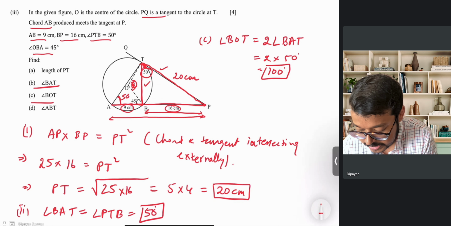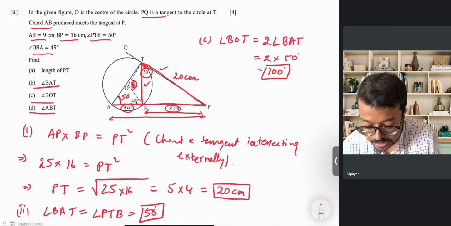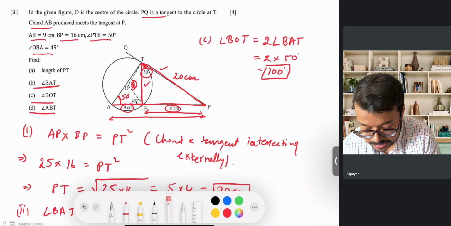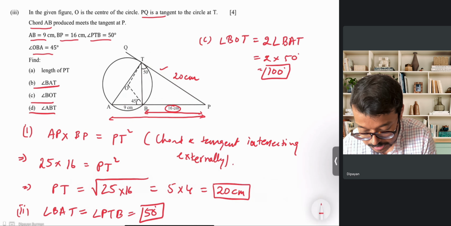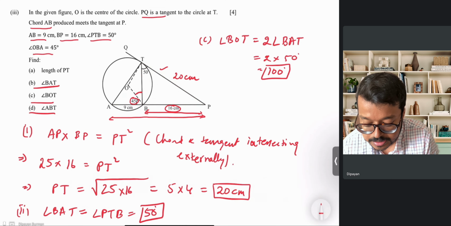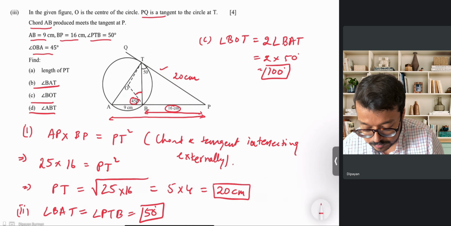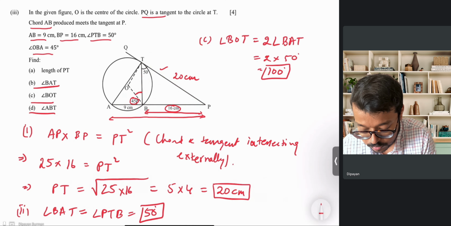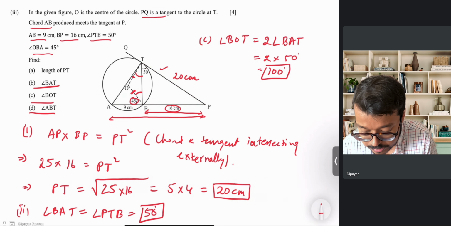Okay. Then for the last part, angle ABT. So for that angle ABT, let's look at finding angle OBT first. Then ABT will be this 45 degree plus OBT. Now for OBT, you can see that we have a triangle OBT where OB and OT are the radius of the circle. So OBT is an isosceles triangle, base angles are equal.